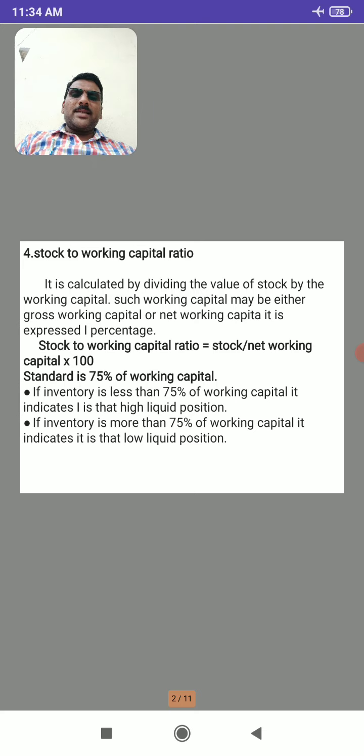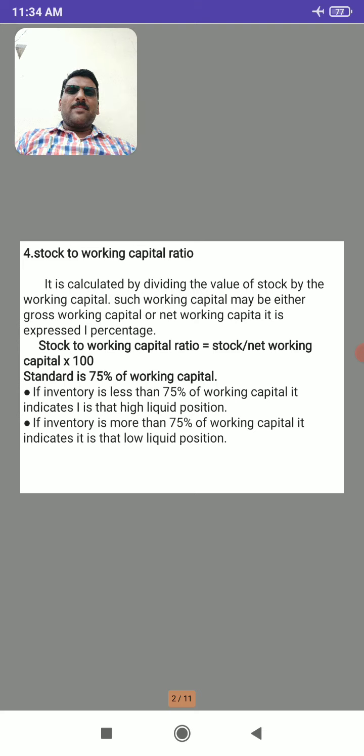If the inventory is less than 75% of the working capital, it indicates a high liquid position. So if the company has less than 75% of working capital, the liquidity position is very high. And if the inventory is more than 75% of the working capital, it indicates a low liquid position. High liquid position means the company has the capacity to pay its liabilities.